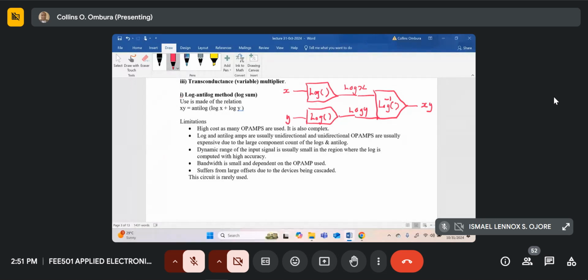Most of the circuits we've designed only compute the log of a current flowing in one direction. So for your assignment, go and find out how you can modify the circuits that we've studied so far, both log and anti-log, to be able to compute the anti-log of not only a positive variable, but also a negative variable.